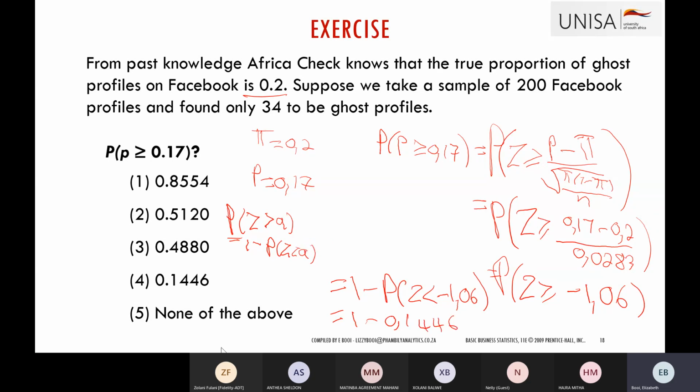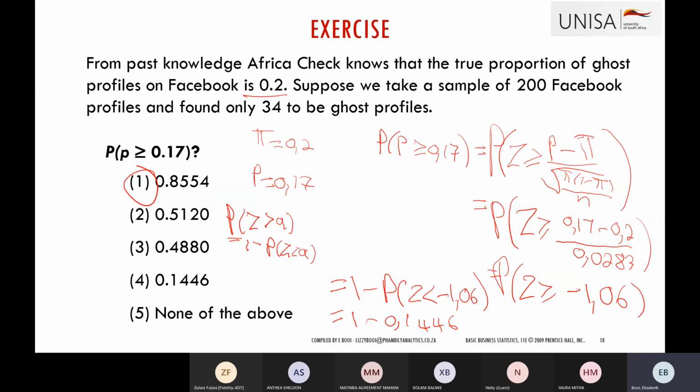That's what we found. Take your calculator and calculate 1 minus 0.1446, which equals 0.854. And that's how you answer the question.